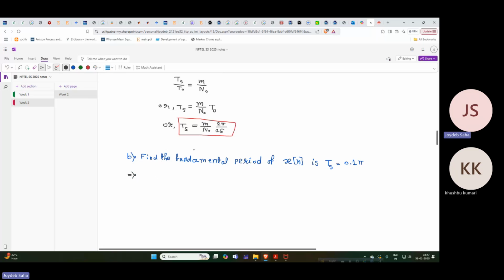Using this formula we can write Ts is equal to m upon N0 into 2 pi upon 15.